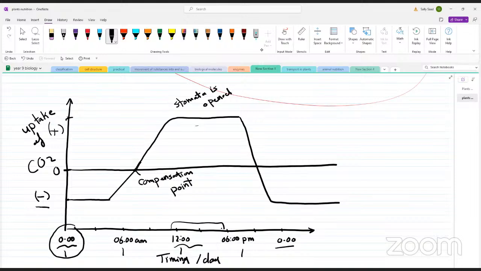So stomata will be open because the plant has to uptake carbon dioxide from the surrounding, more than the carbon dioxide which is formed due to respiration. That's why the plant needs more carbon dioxide. Stomata will be open. Carbon dioxide will enter the leaf by diffusion through stomata. You understand? That's why there is what we call positive uptake.